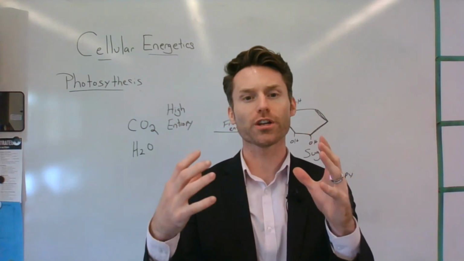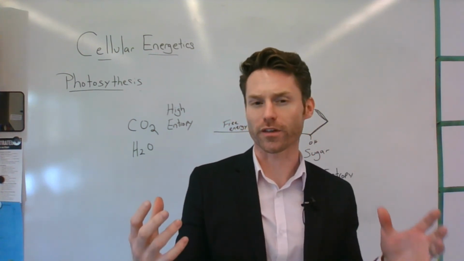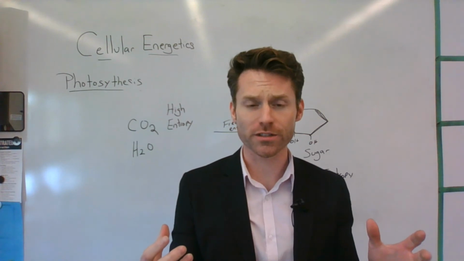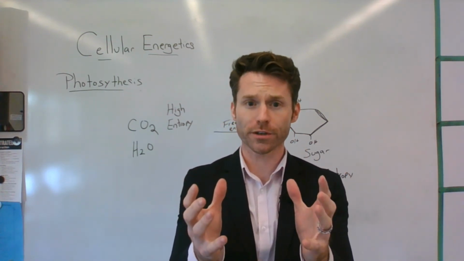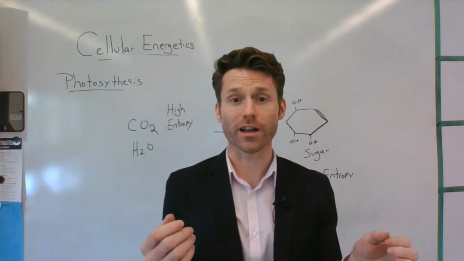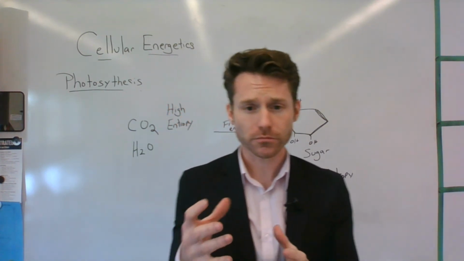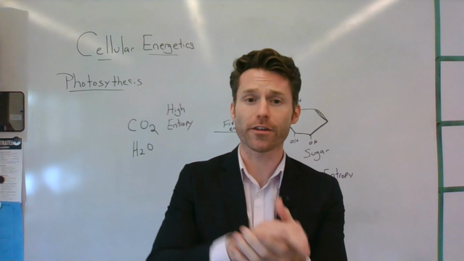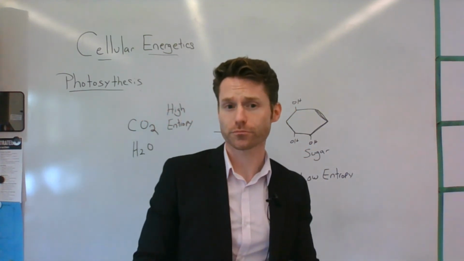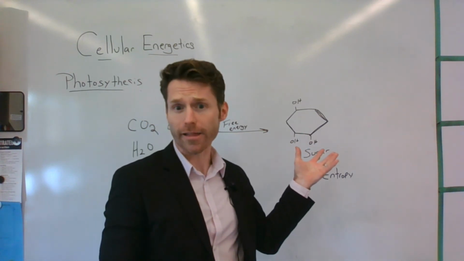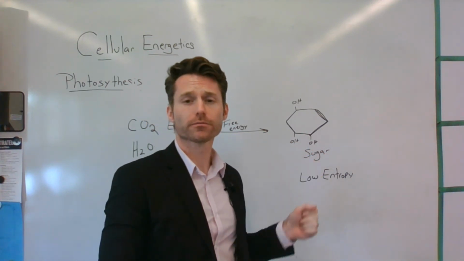And so we have shifted through the combination of exergonic and endergonic reactions to create this G3P sugar precursor, which is a relatively organized molecule. We shove G3Ps together to become the sugar. The sugar is a highly organized molecule.